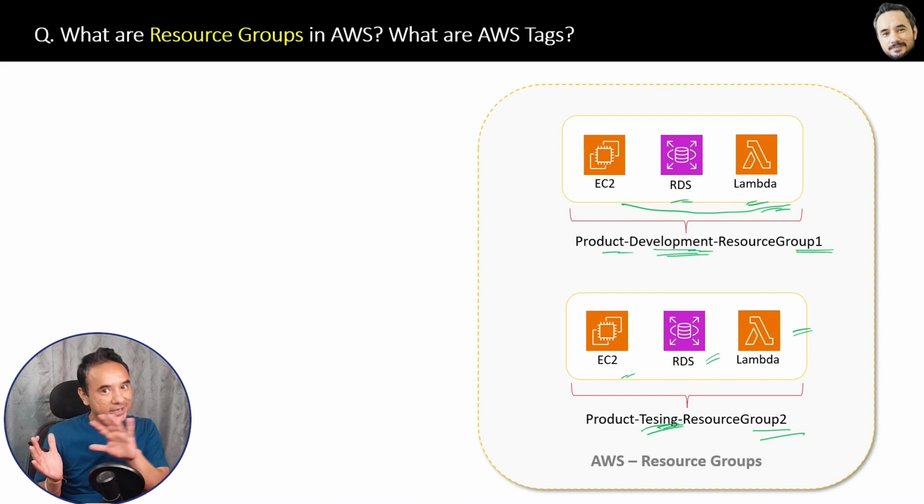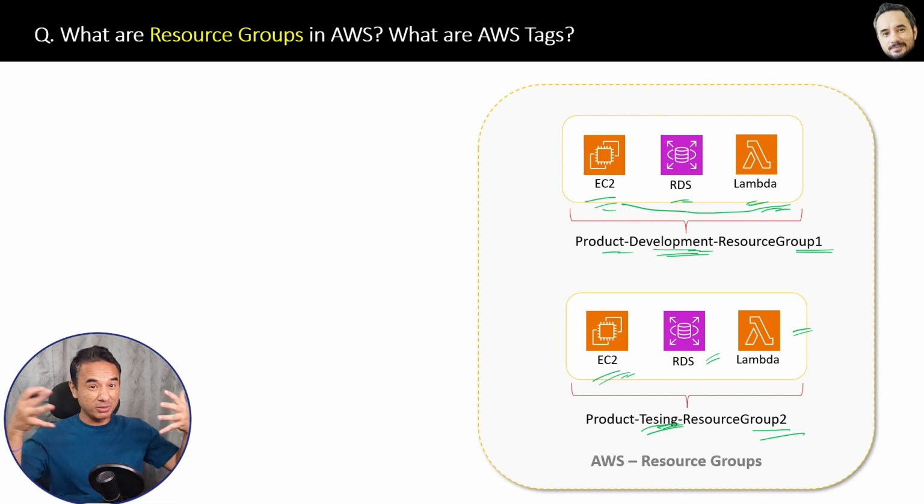See, if you will not create groups, then there will be resource confusions. Like the first EC2 is for application for development, it's for testing. There will be confusion, right? So that's why we have grouped it in different resource groups, and each team works on their own isolated resource group environment. Getting my point?